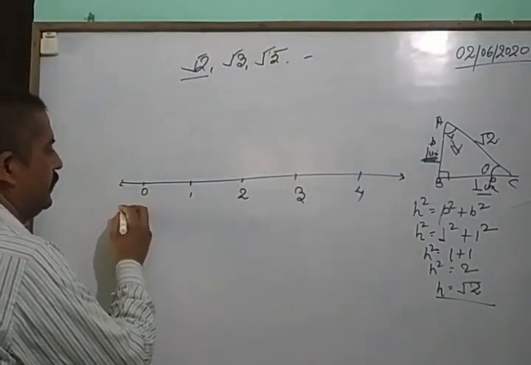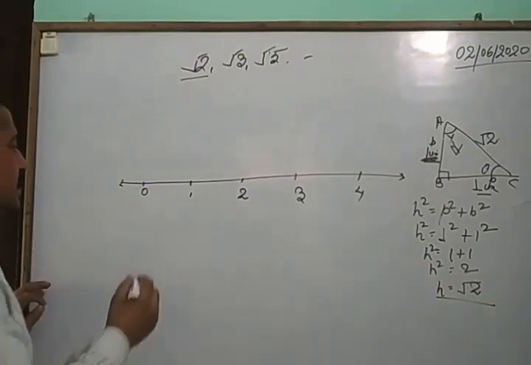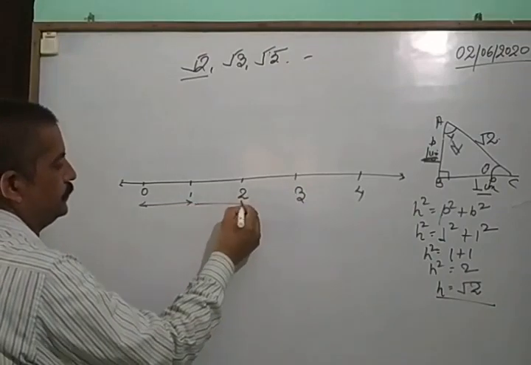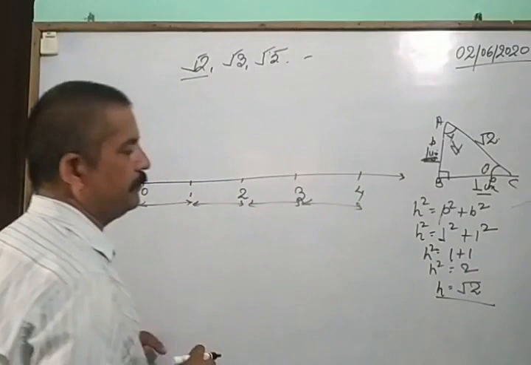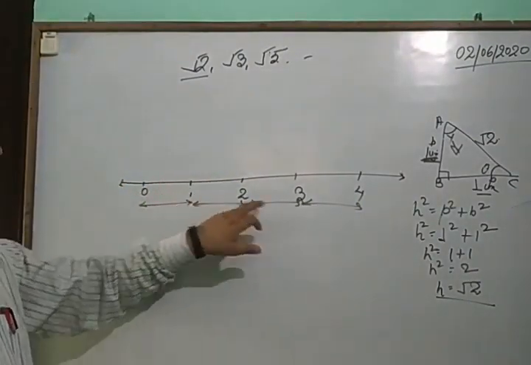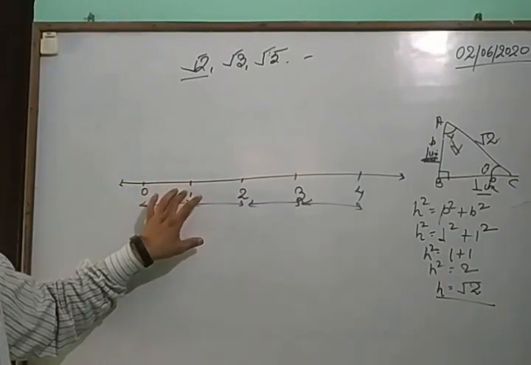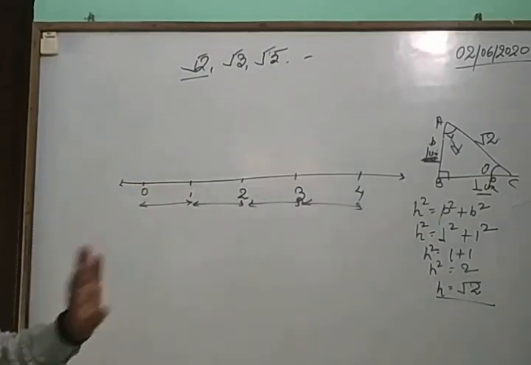Then we come back to the number line. We plot the numbers at a fixed unit distance, either centimeter, inch, meter or anything, it does not matter.